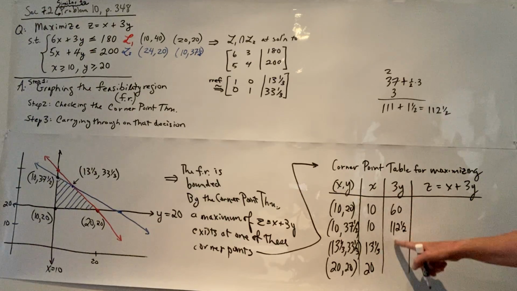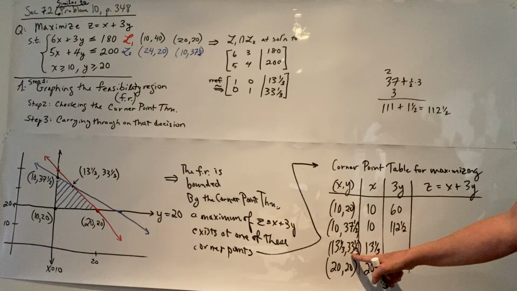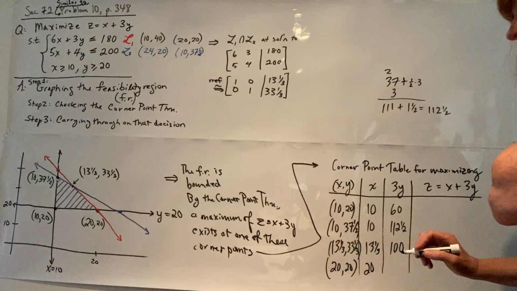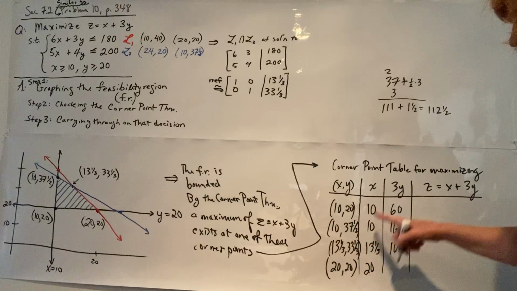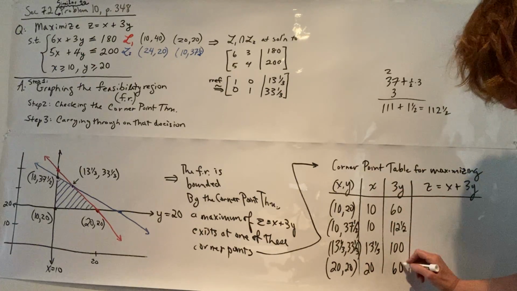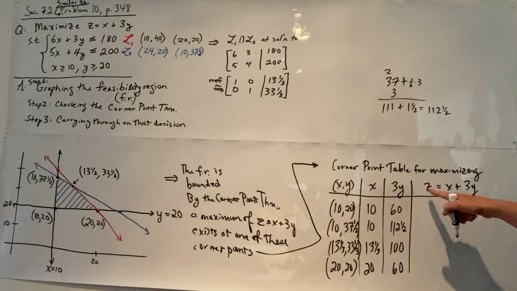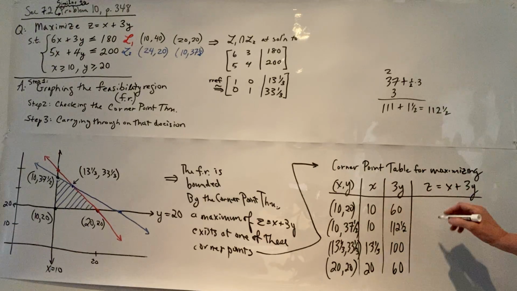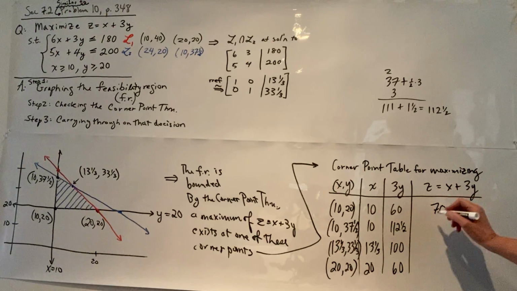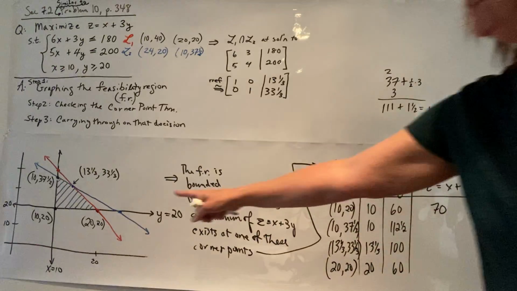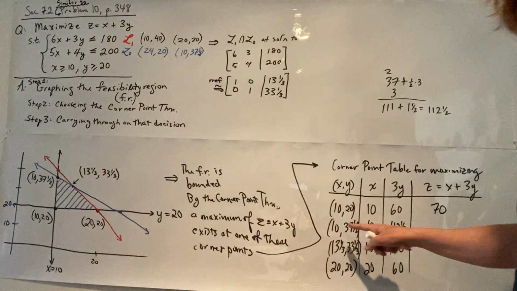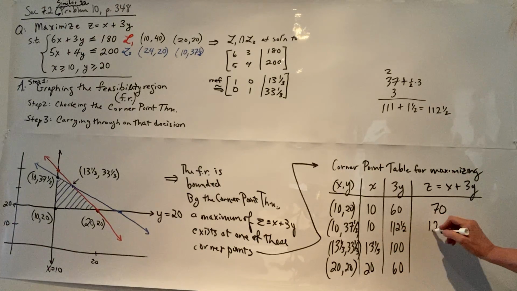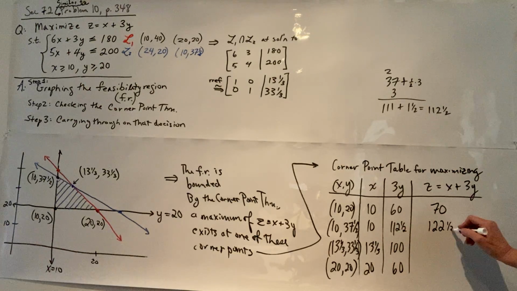Let's see, what's y here? 33 and a third. Well, you multiply that by 3 and you get 100. If y is equal to 20, 3 times that is 60. So you fill those in, and now this last column says x plus 3y, so you just add those. 70, so z would be 70 at that point. At 10 and 37 and a half, it's 122 and a half.